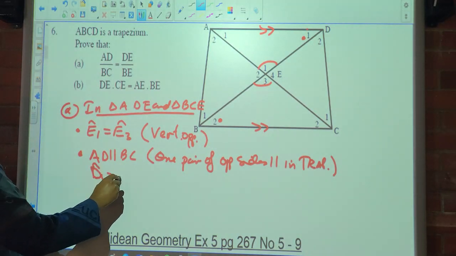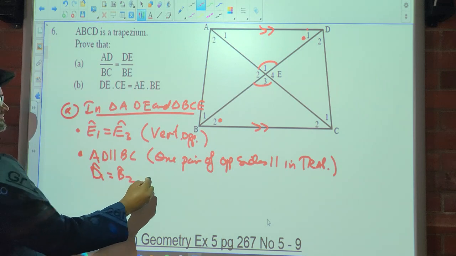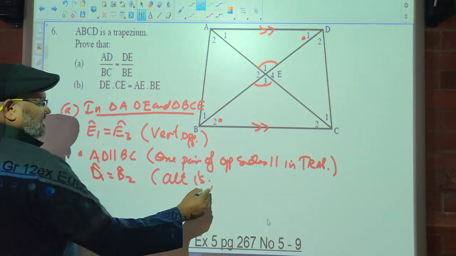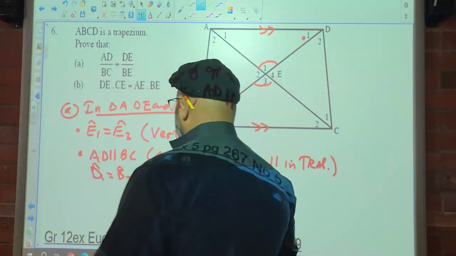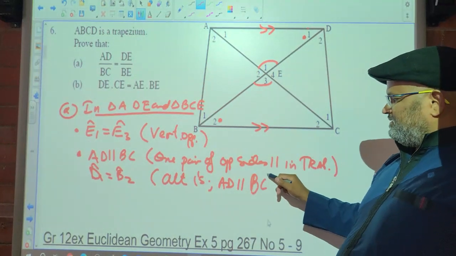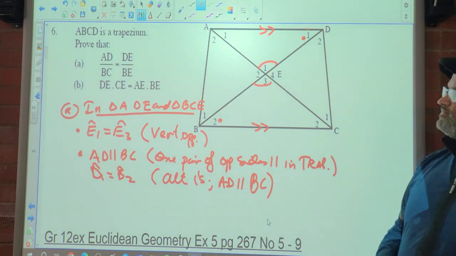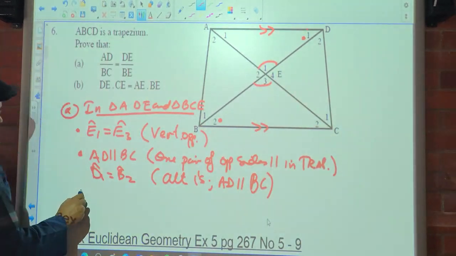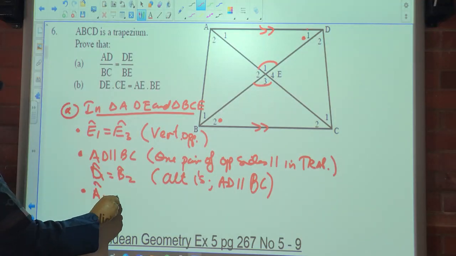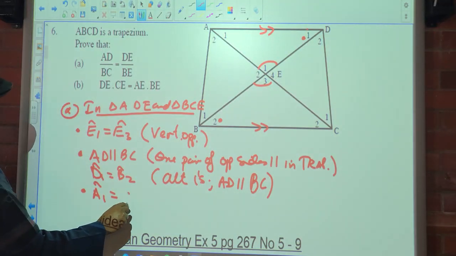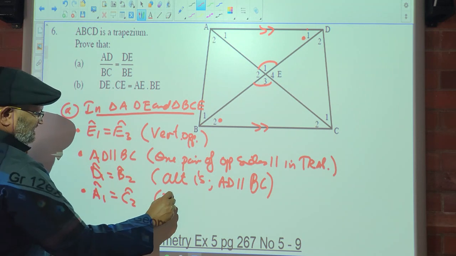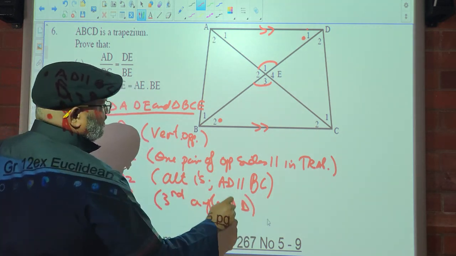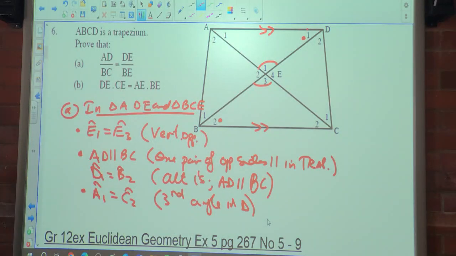Why? Alternate angles, with AD parallel to BC. One more: angle A1 is equal to C2. Why? The third angle in a triangle, or it could have been alternate as well.